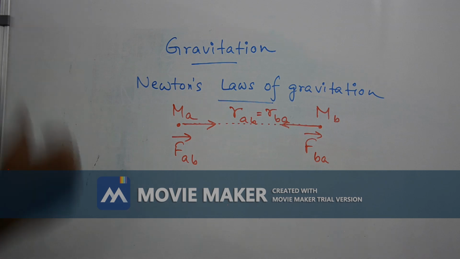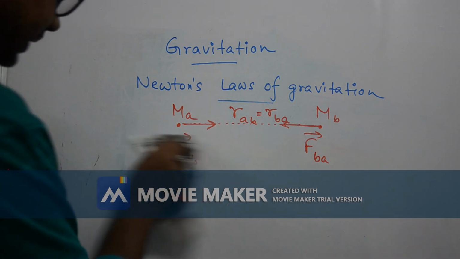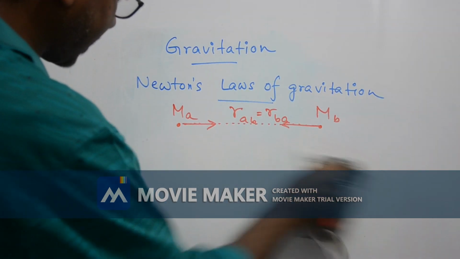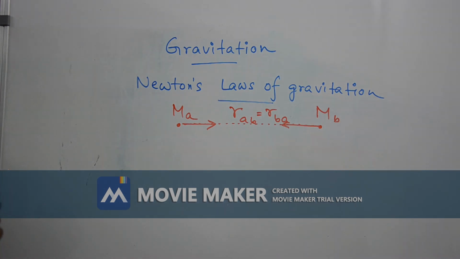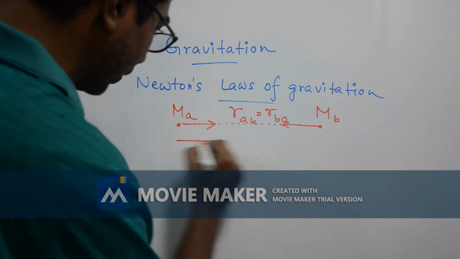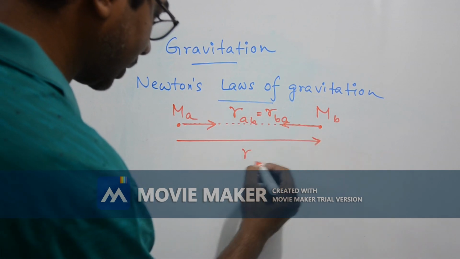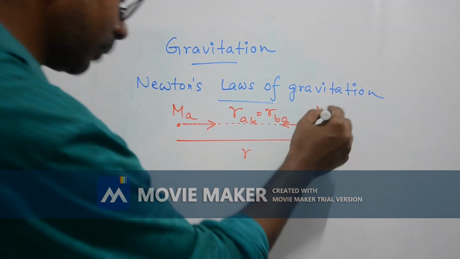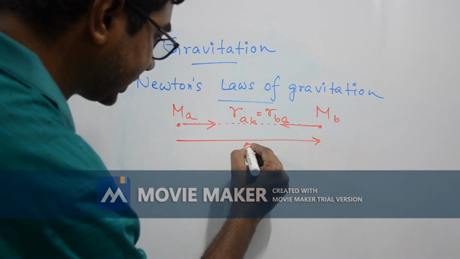So in vectorial notation, we have to write the position vector. For example, if we try to express the position of the mass mb with respect to the mass ma, we'll write the position vector of this particular particle as RBA, like this.